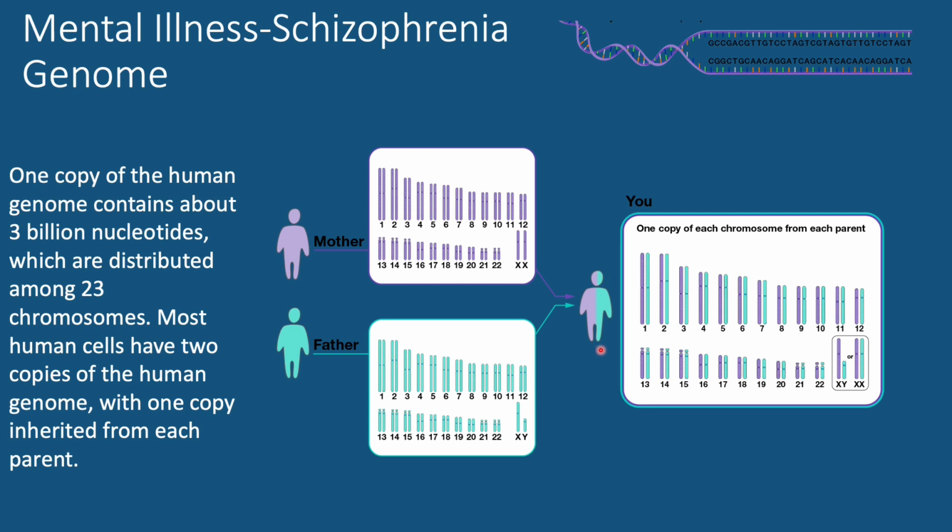And this person here is you or me. We have inherited 1 copy of each chromosome from each one of our parents. Remember that 1 copy of the human genome contains around 3 billion nucleotides. The 3 billion nucleotides are distributed among the 23 chromosomes.